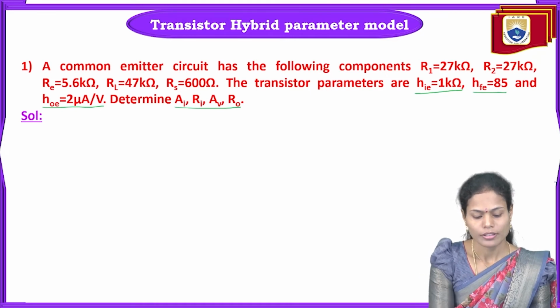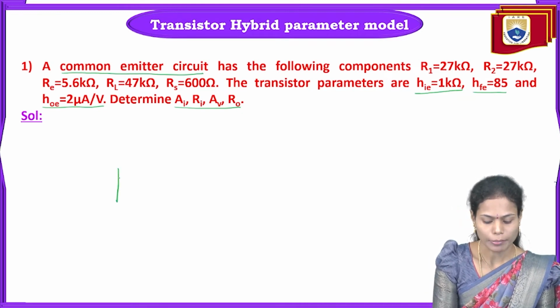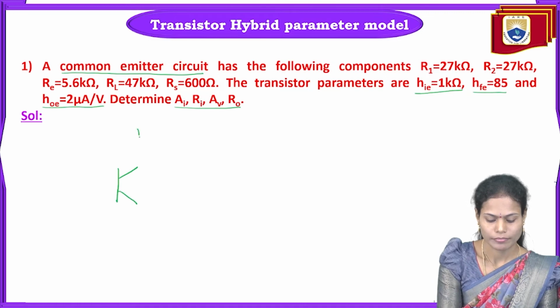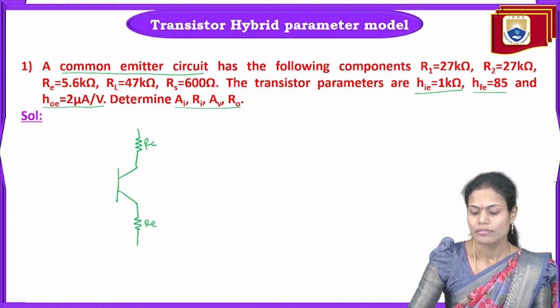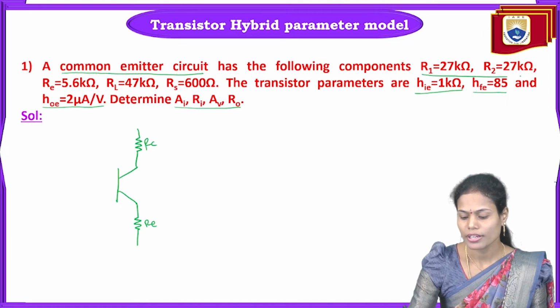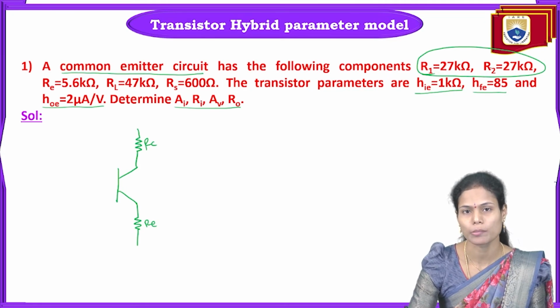Since they mentioned it as the common emitter circuit, I am drawing the common emitter amplifier circuit here, with the collector resistance and emitter resistance. They are giving it as R1 and R2 values, which means it is utilizing the voltage divider biasing. Instead, if they had given it as RB, that would be the fixed bias circuit.